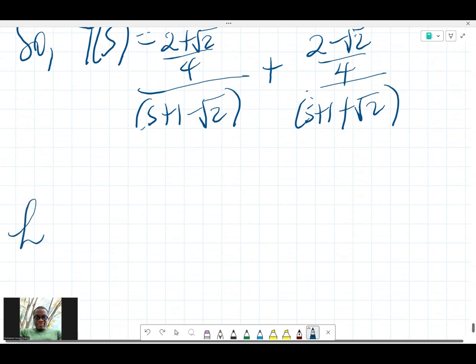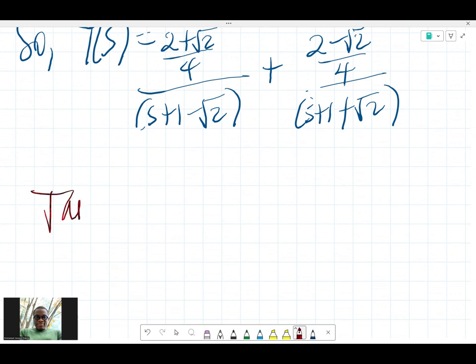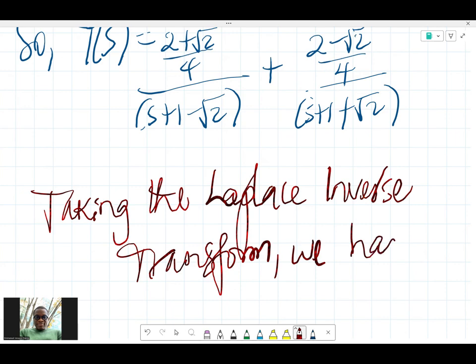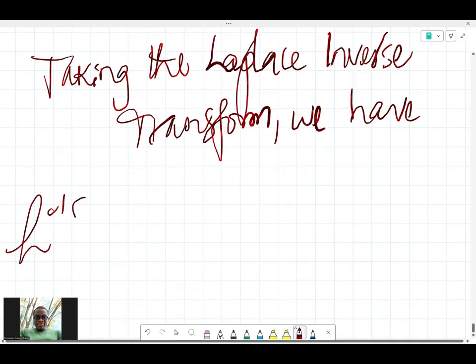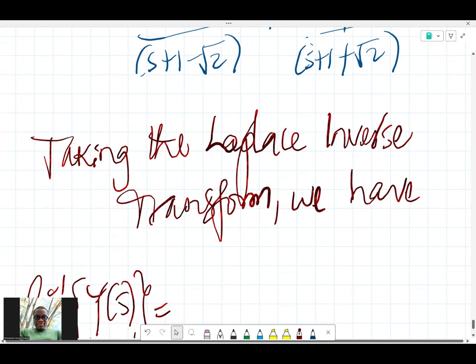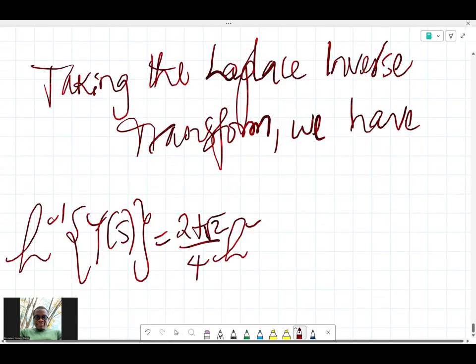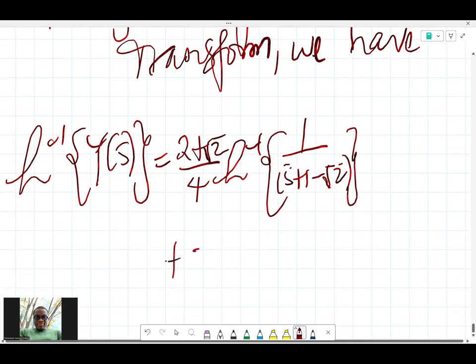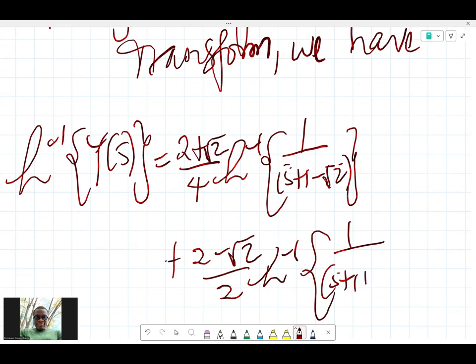Taking the Laplace inverse transform, we have the Laplace inverse of Y of s, and that is equal to, not to waste time, (2 plus root 2) all over 4 times the Laplace inverse of 1 over (s plus 1 minus root 2), then plus (2 minus root 2) all over 4 times the inverse Laplace of 1 over (s plus 1 plus root 2).